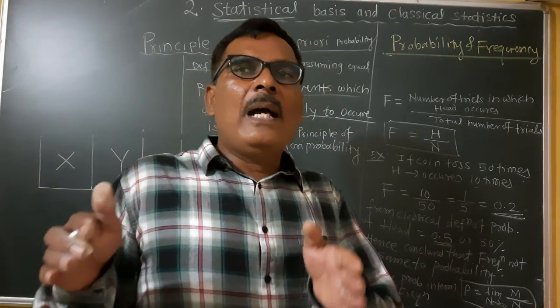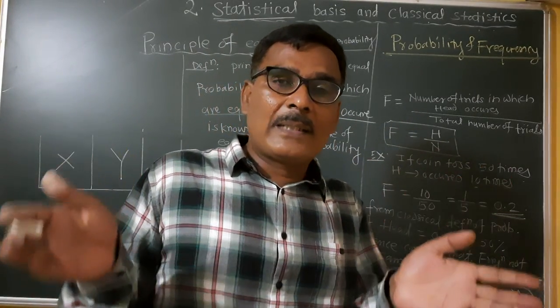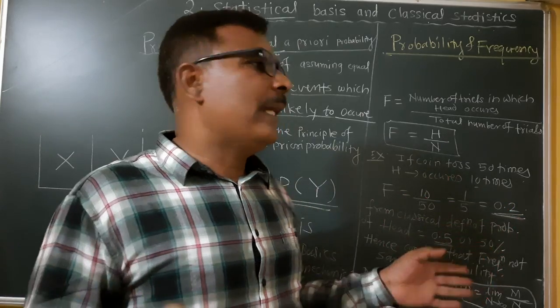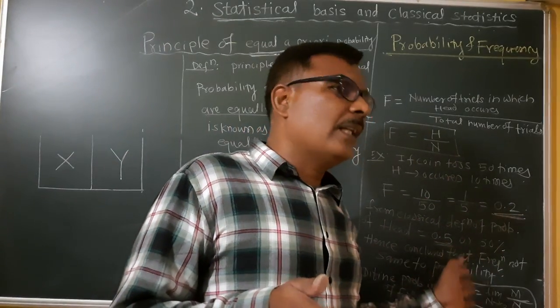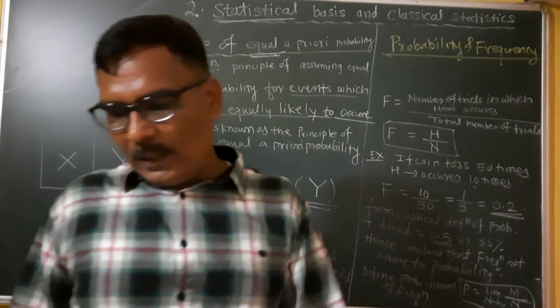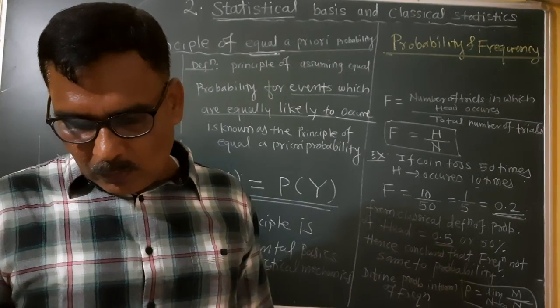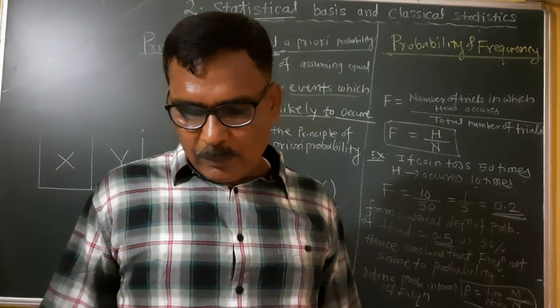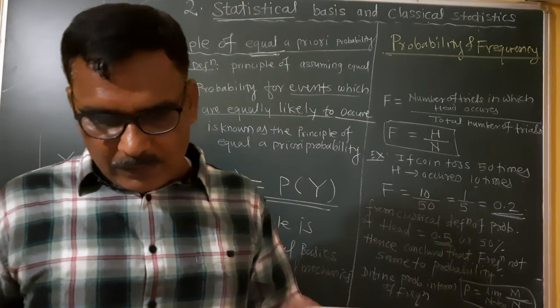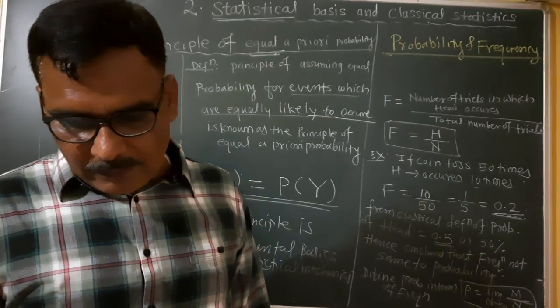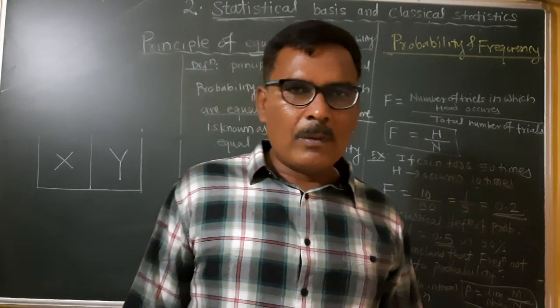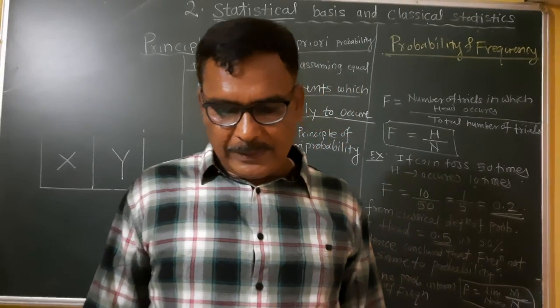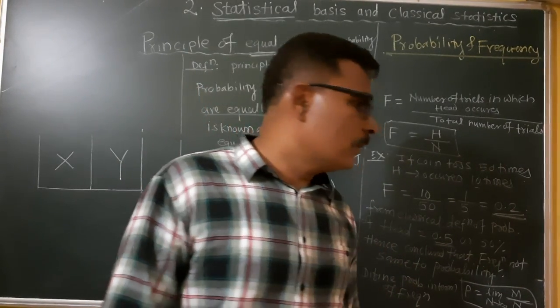When trials are taken infinite times, the ratio is very small and the values are very close to each other. This is the way we explain probability and frequency. Okay, write down all things.